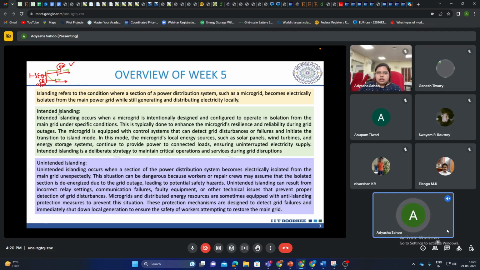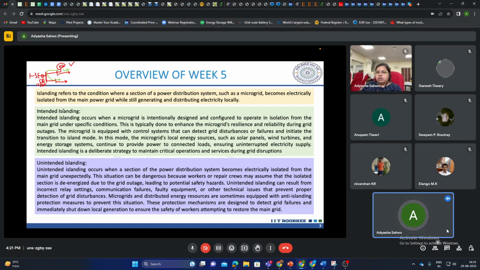This islanding is of two types, basically: intended and unintended. Intended islanding is done when we do it intentionally for the operation or maintenance of the system. It is done firstly in case of faults, as we discussed, to increase reliability and resiliency so that we can provide uninterrupted power supply to the local microgrid loads when the grid has faults.